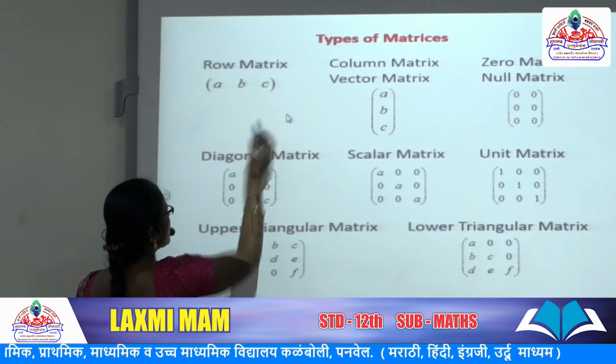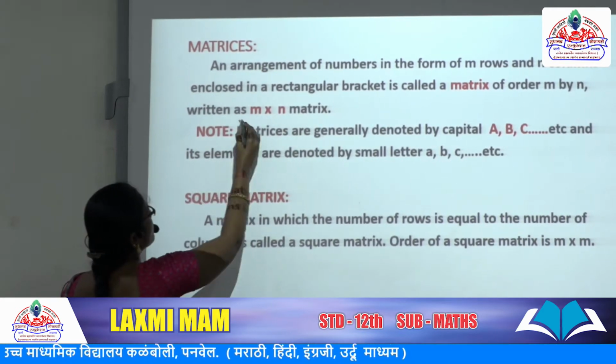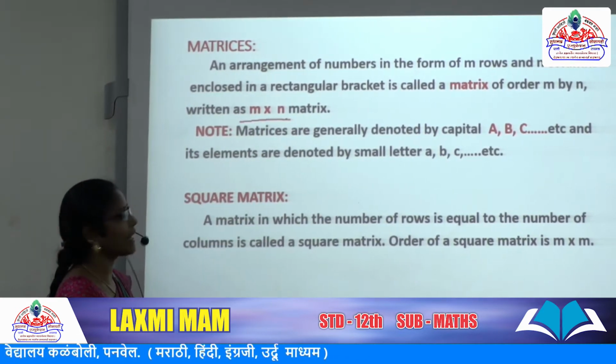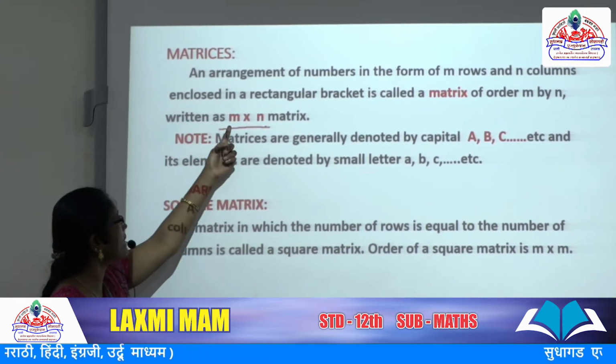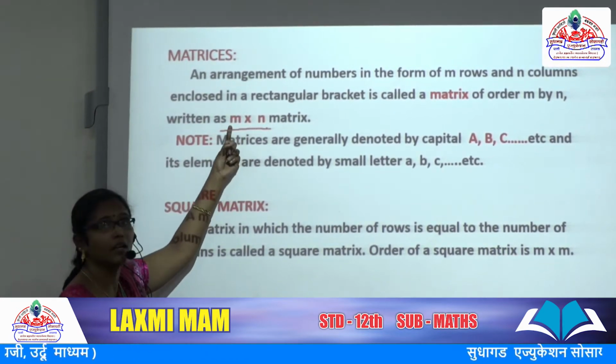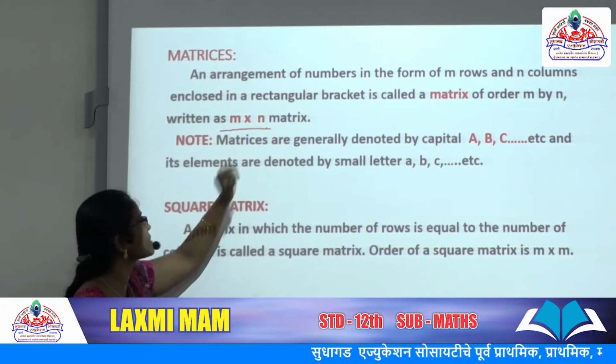We should show the order as m cross n. M denotes the rows and n denotes the columns.